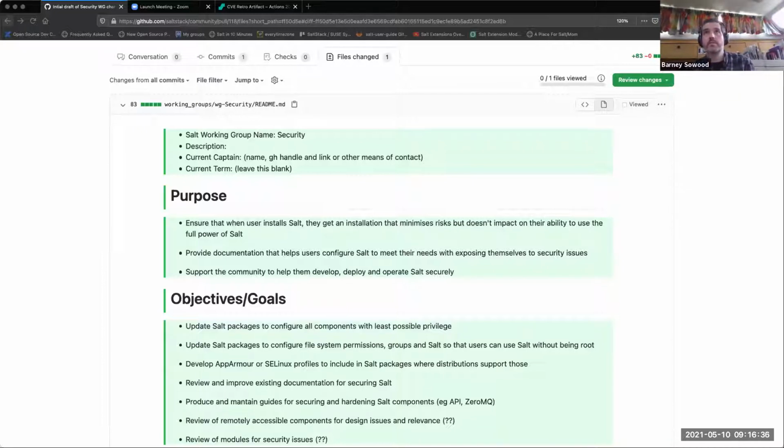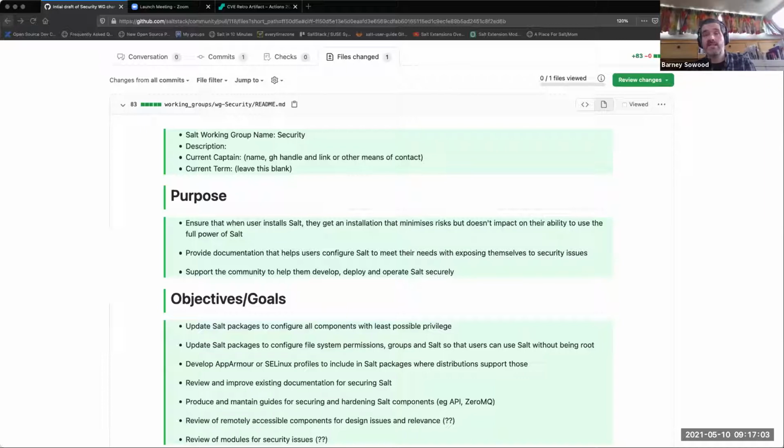It'd be really interesting to look at what you've done in terms of running as non-root in your packages. I think we've got to be realistic that the initial work we do will probably focus on the master. I think that's for two reasons.